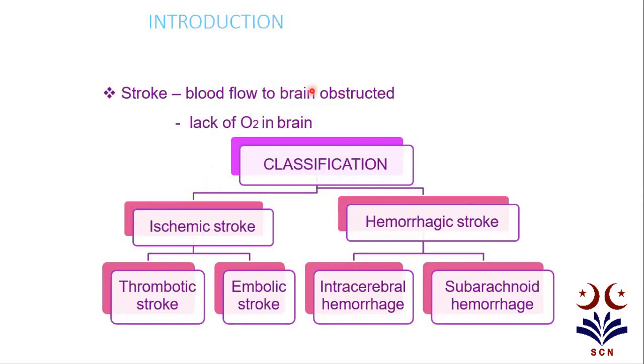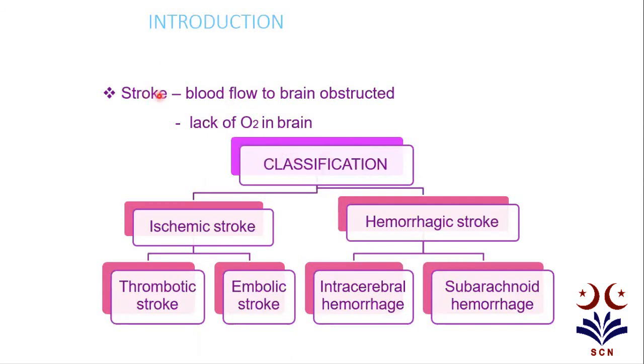So blood flow to the brain is obstructed and there is lack of oxygen in the brain, which leads to tissue death, which is known as necrosis. Whatever part of the brain is necrosed, symptoms related particularly to that area are produced in the body.